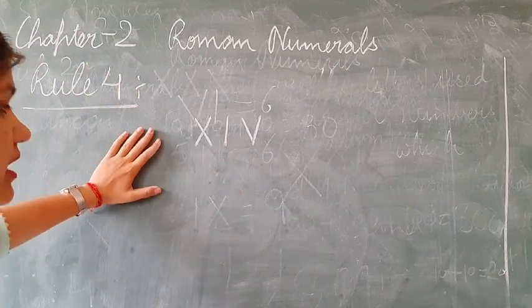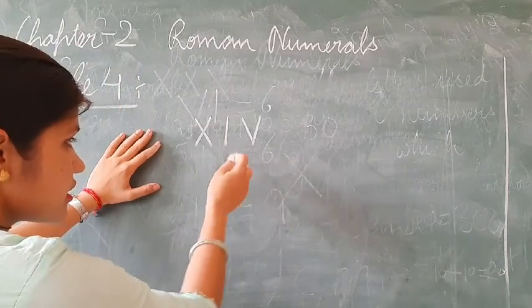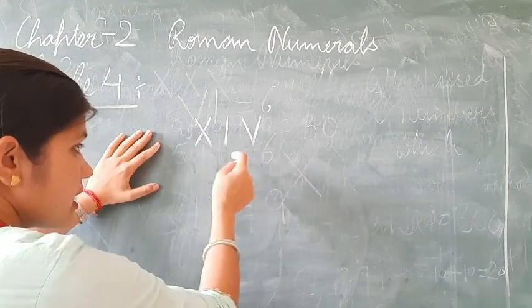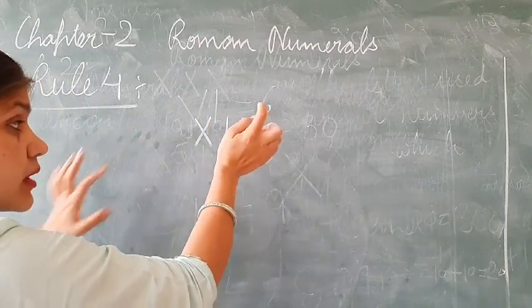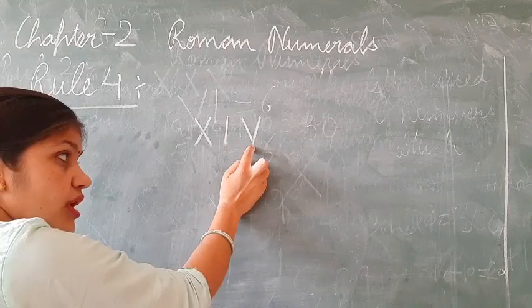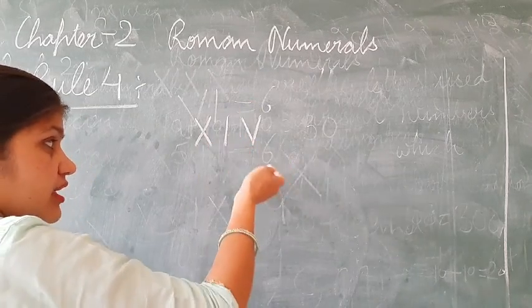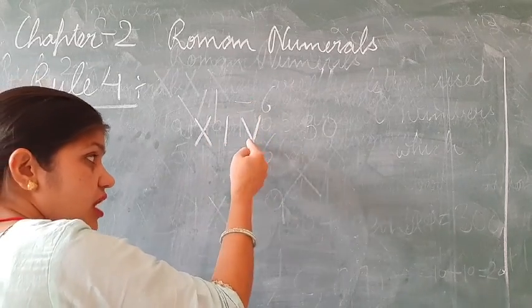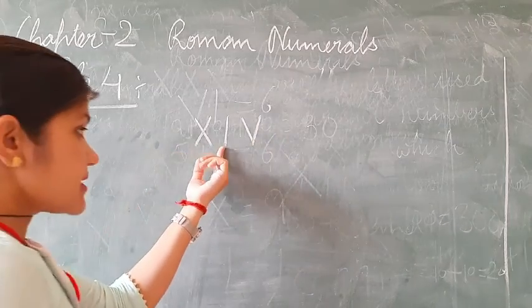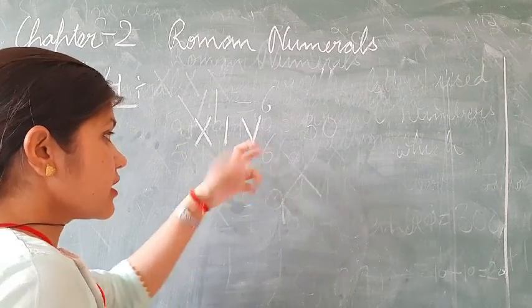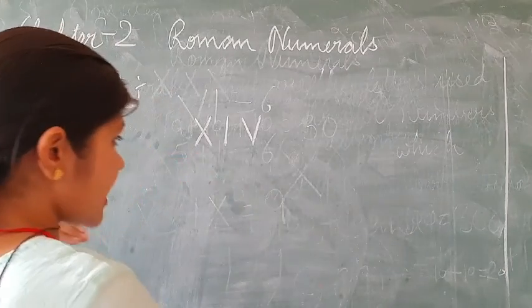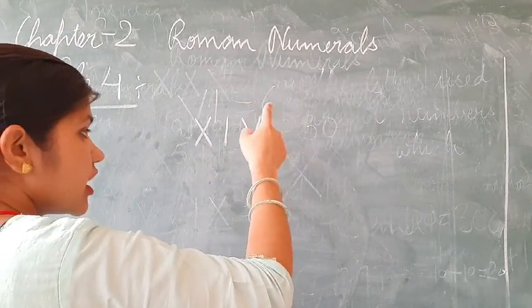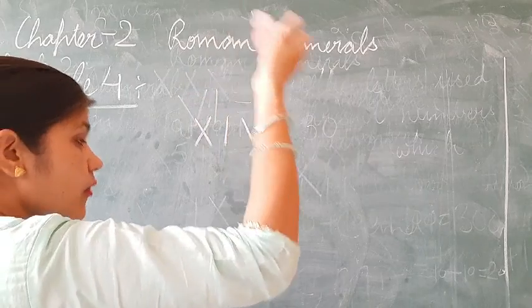They are saying that if a smaller numeral is written between two larger numerals, then this smaller numeral is subtracted from the larger numeral which is following it, which is just after it. This I is subtracted from V, not from X, because this is the rule, we have to subtract this from the number which is following it.